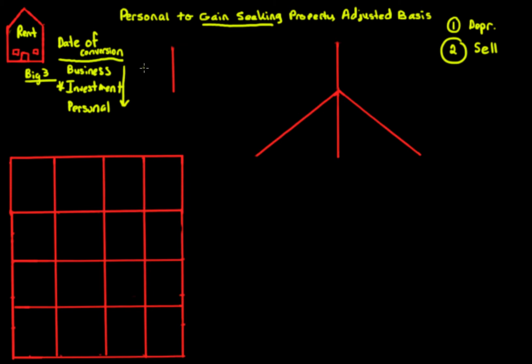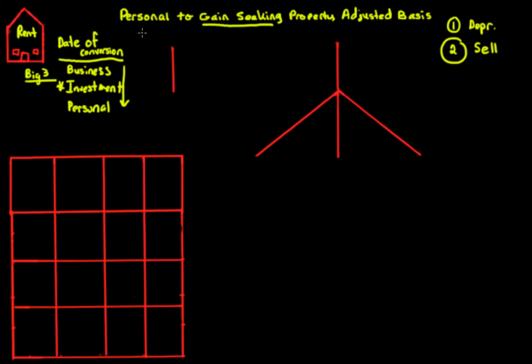However, there's some special rules. So what I'm going to show you is a little decision tree you can use. And what you're going to notice is that it's very similar rules to the gift rules, the gift adjusted basis rules we learned earlier. What is the adjusted basis of the donee? Very similar little format. Okay? So the first thing we're looking at, again, we're focusing on the date of conversion.